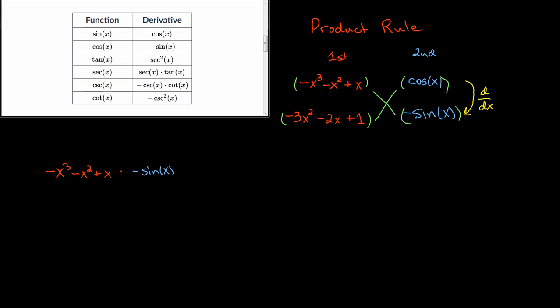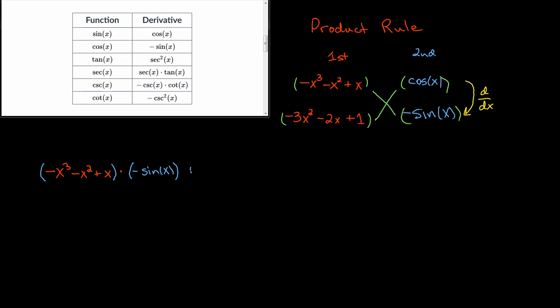If I don't keep these parentheses, then the only thing that's actually getting multiplied is the x and the negative sine of x. But that's not right, because this blue negative sine of x needs to get multiplied by the entire first function. So parentheses are really important here. I'm going to put parentheses around both of them just to be safe, but they're really important in this one because this is the one with the additions and subtractions.